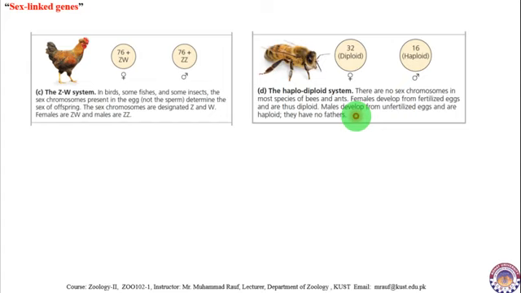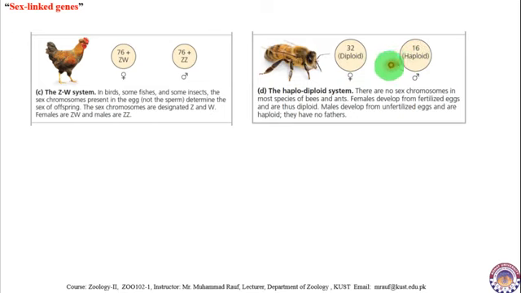Now, the queen in honeybees has a special type of pouch where she stores sperms given by the drones, and it is decided by the queen whether to produce females or males.